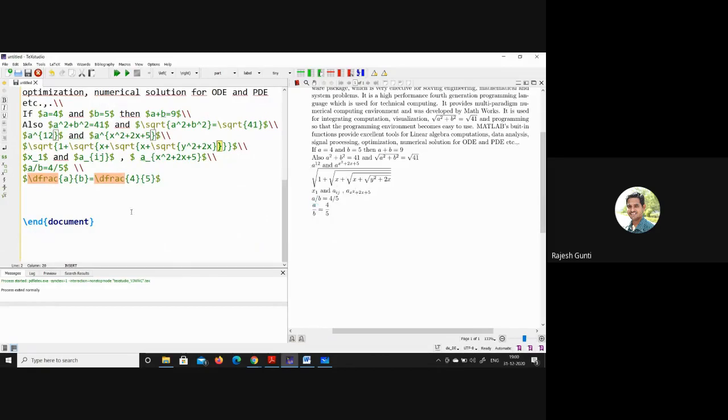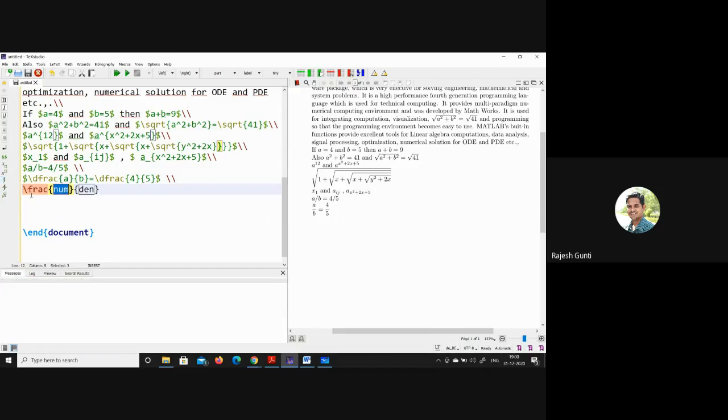Once again I'm running. What is the difference between this one and this one? There are two fractions. If you take this one, ordinary frag, what is the difference between these two?